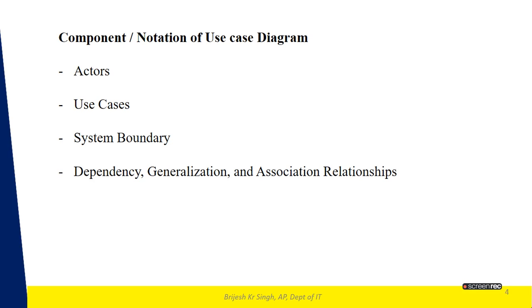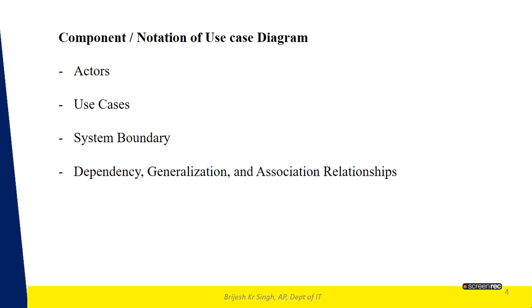Another point is include, which is a feature of use cases. Include is a directed relationship between two use cases, which is used to show the behavior of the included use case. And the next feature of use cases is extend.